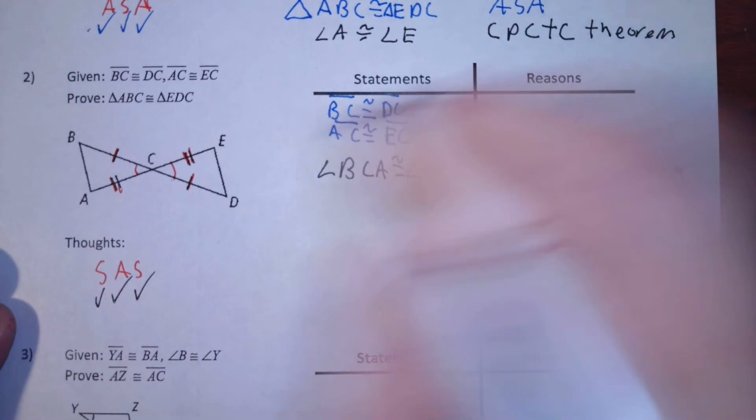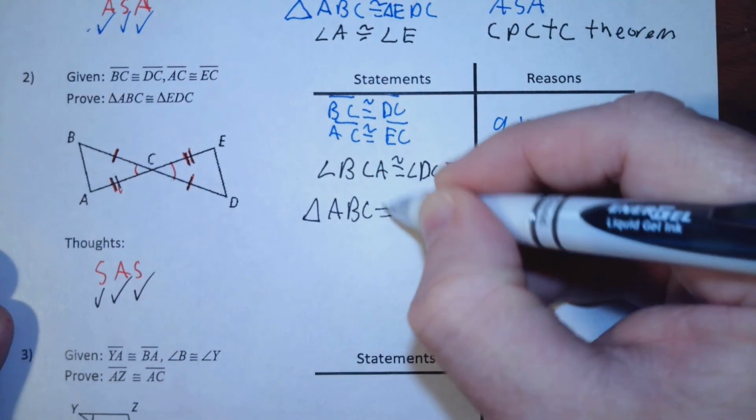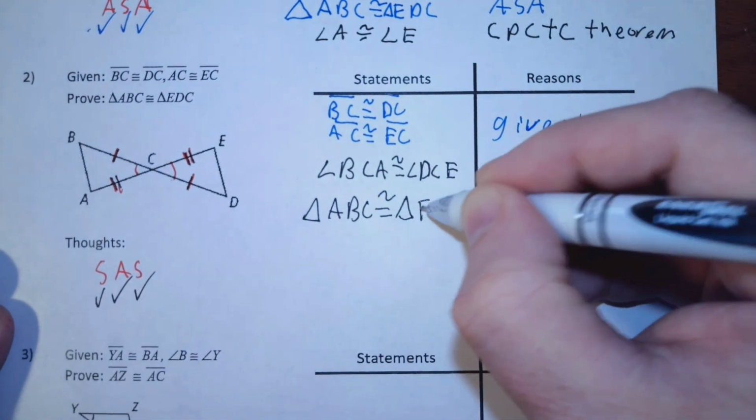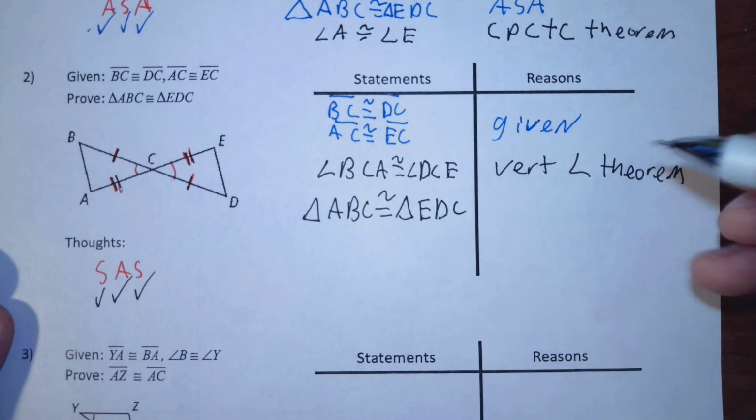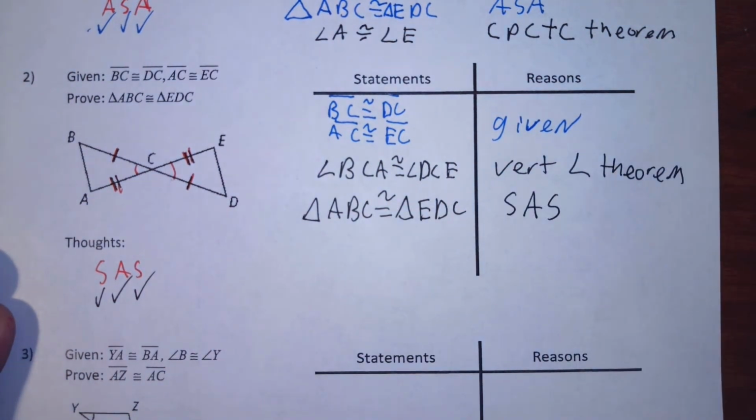Got it. Triangle ABC congruent to triangle EDC, and that's the side angle side theorem.